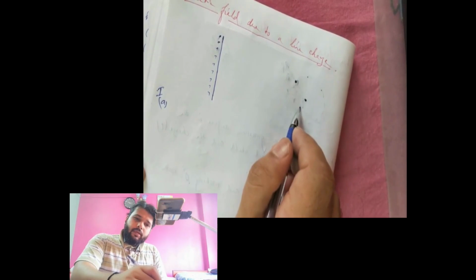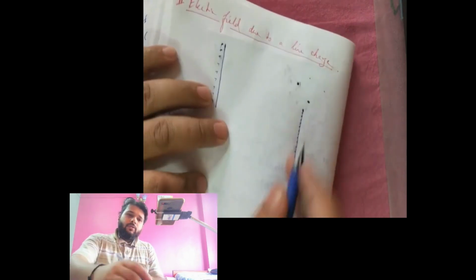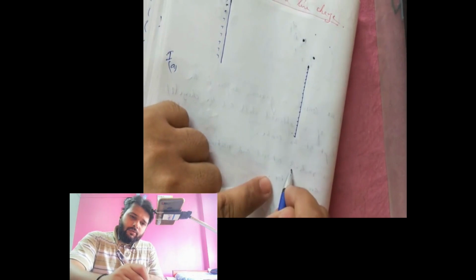Now we know that for a point charge the Gaussian surface is spherical, because from a point the electric field lines come out in all the directions, and if I enclose all those electric field lines, we'll get a sphere. So here also we have got a point charge.